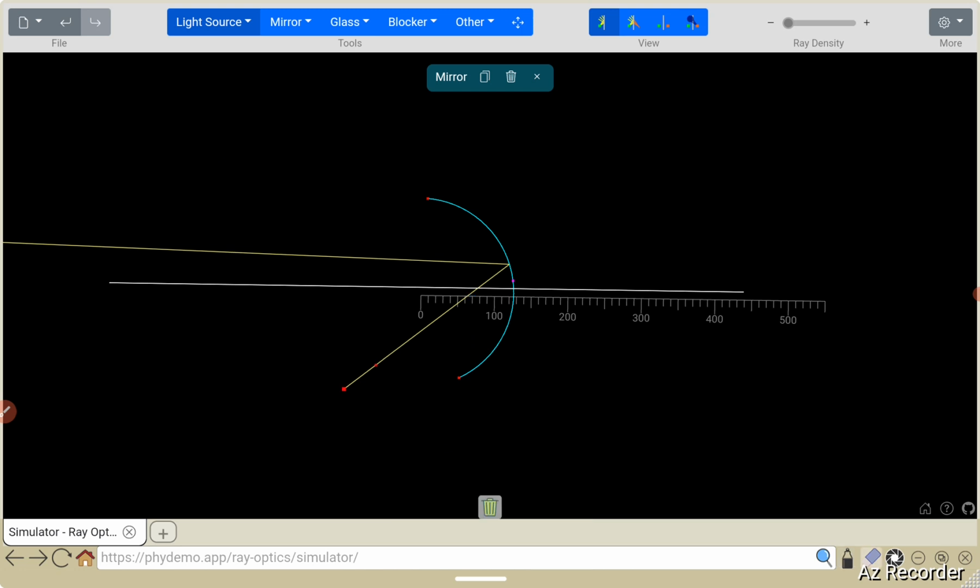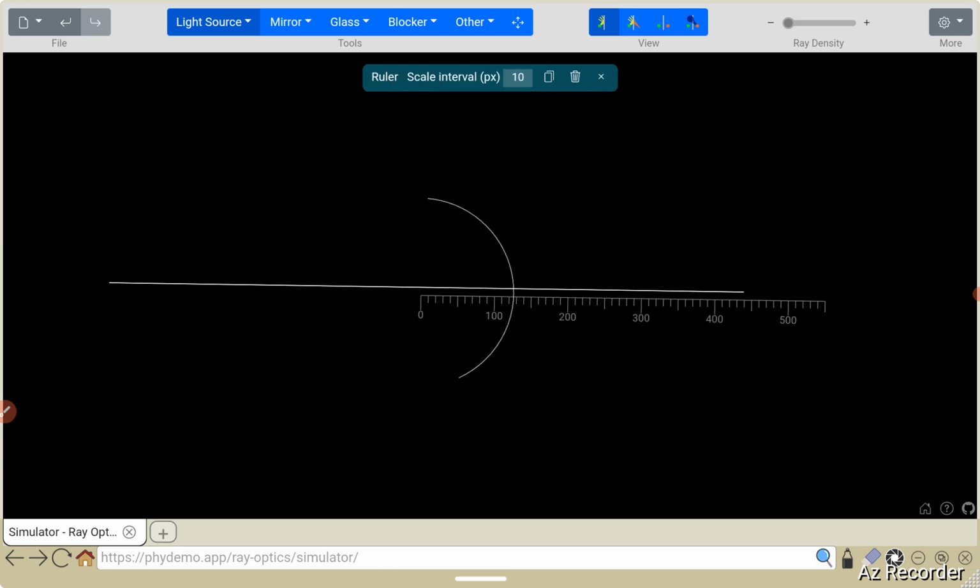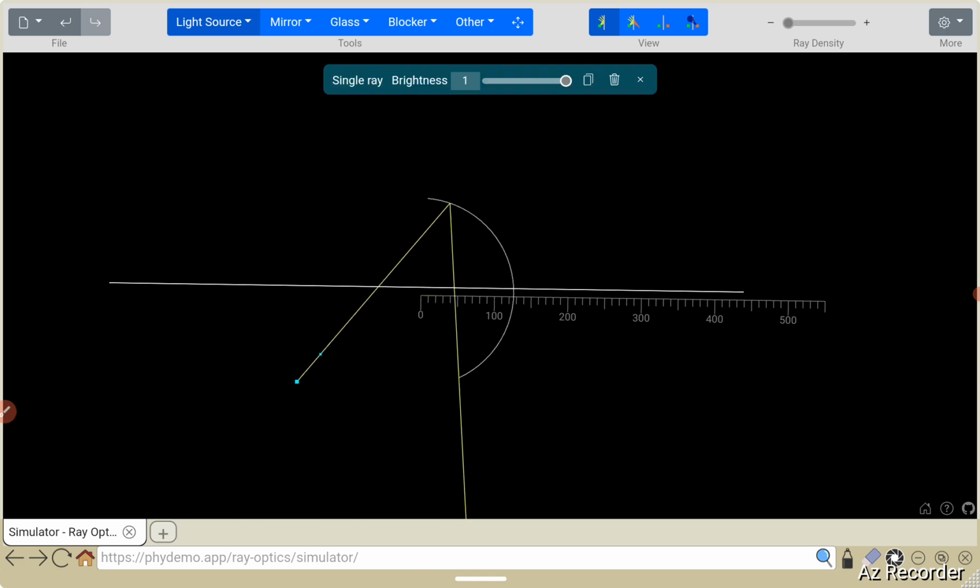Okay. What I am doing is, third one is passing through center of curvature, right? I'll take the single ray again. Let me take this as passing through center of curvature. So this one, if you observe, it is retracing its own path, correct?